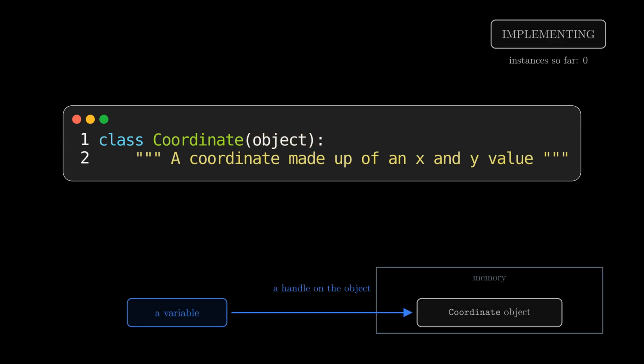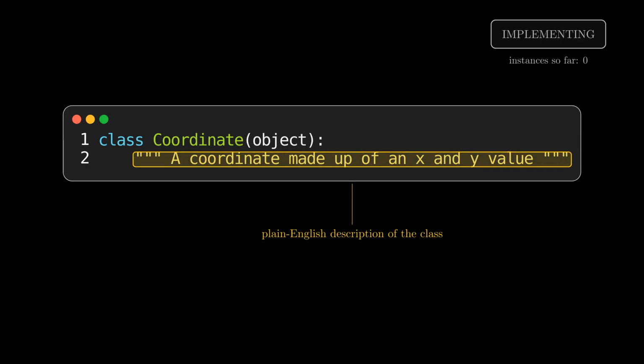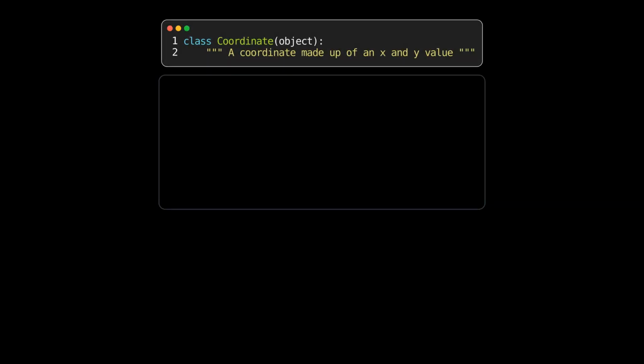Something as basic as being created in memory and assigned to a variable so that the variable gives us a handle on the object. Every Python object can do that, and now a coordinate can as well. Underneath the header sits a docstring describing in plain English what this class is, a coordinate made up of an x and y value.